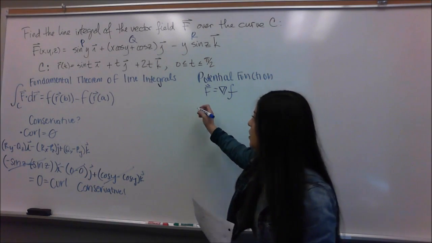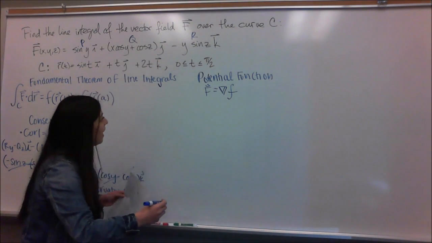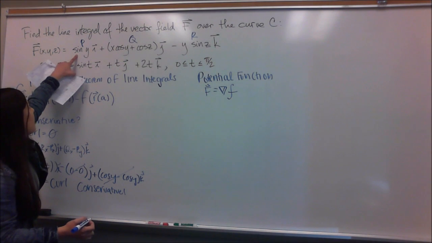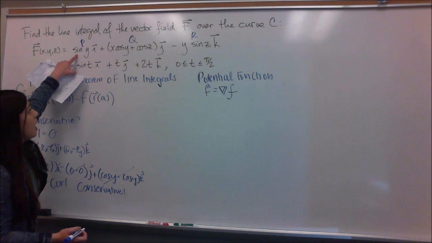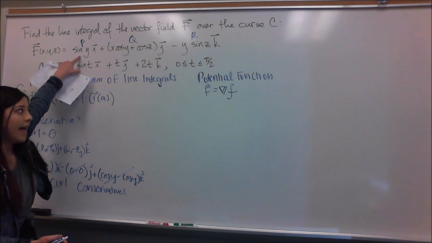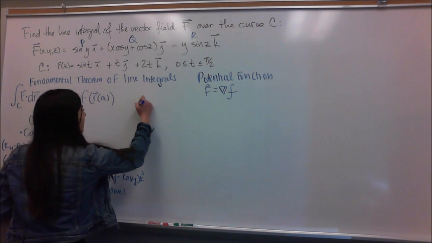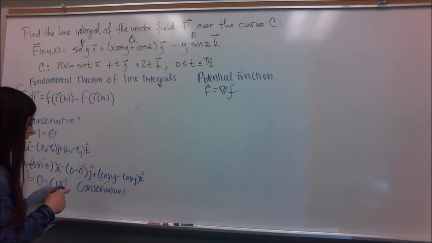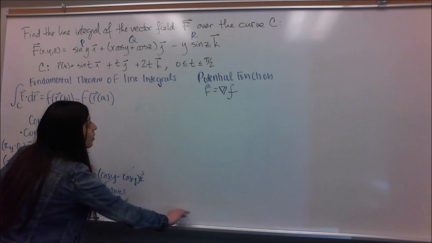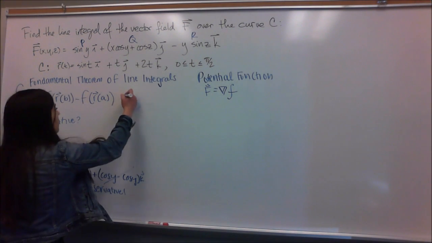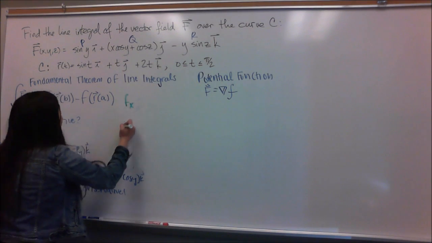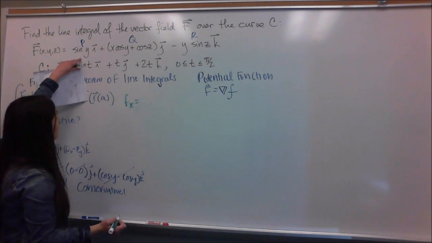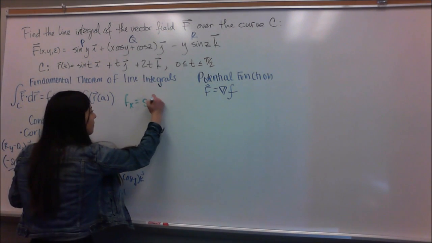We're going to start off by taking the P component of the vector field, because we know that is the partial with respect to x. So the partial with respect to x is sine y.